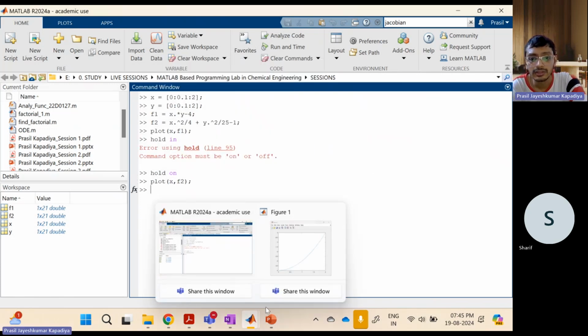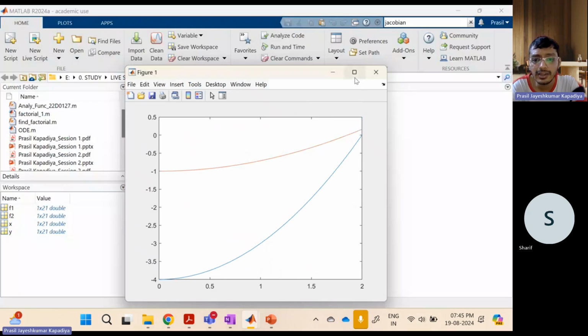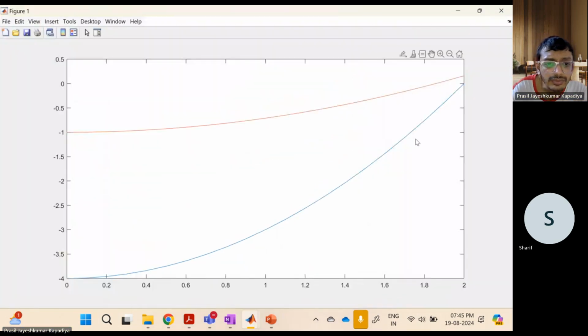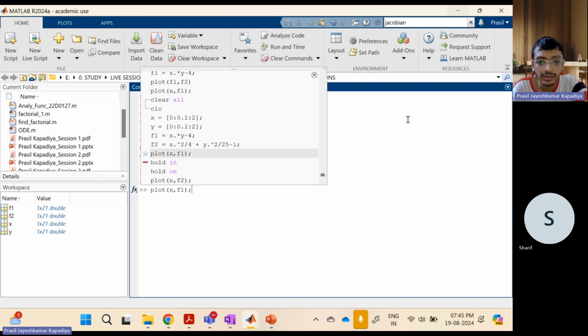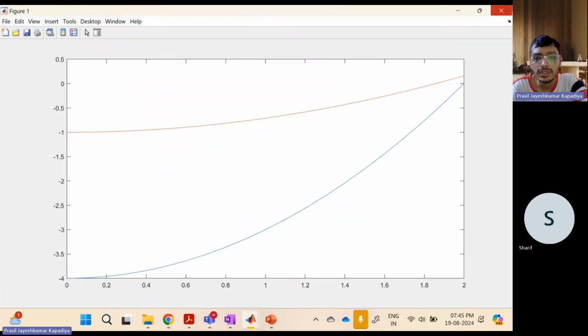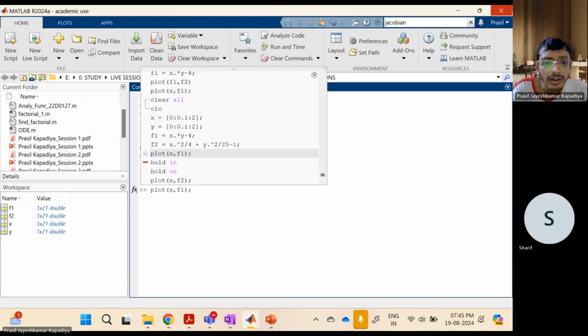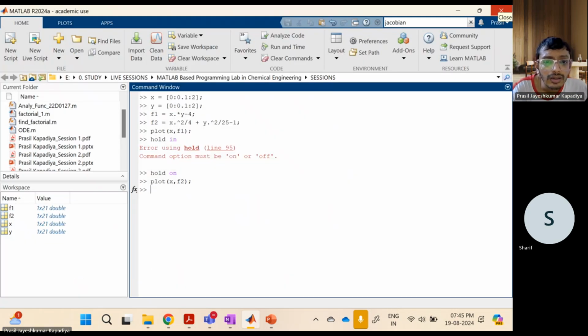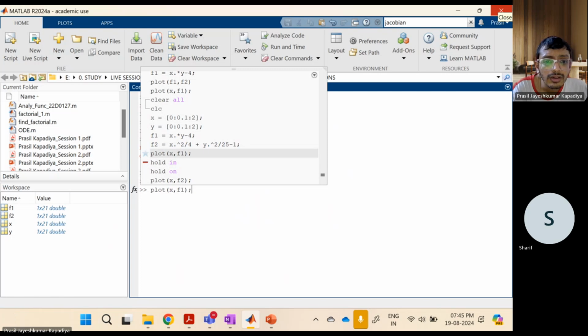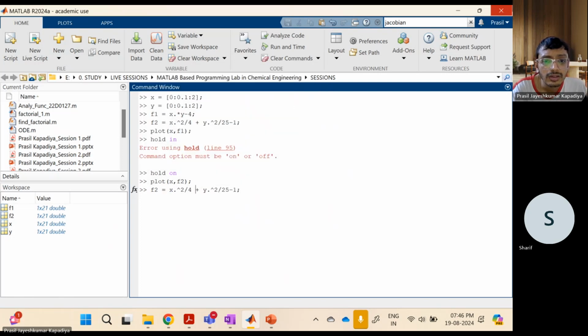So see, they are intersecting somewhere after 2. Okay, we can't see actually from here. Let me do one thing again. Okay, so from here it is intersecting somewhere after this. Let me do this thing.